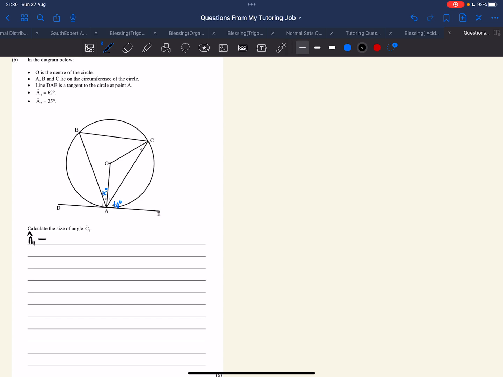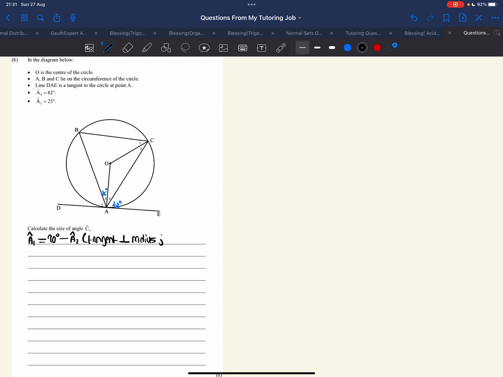angle A1 is equal to 90 degrees minus angle A2, and the reason for that is tangent perpendicular to radius.